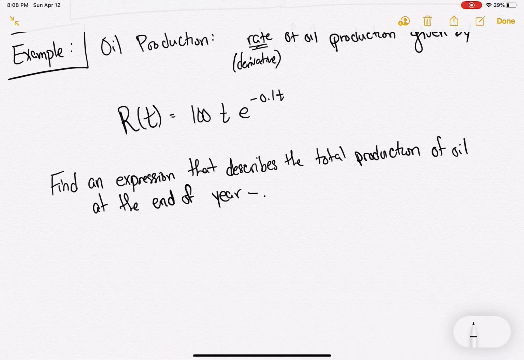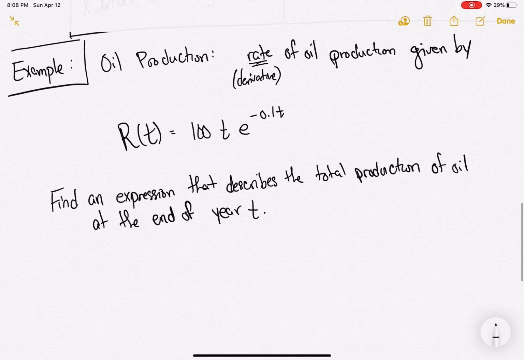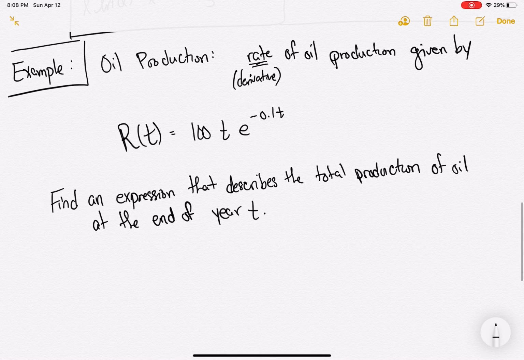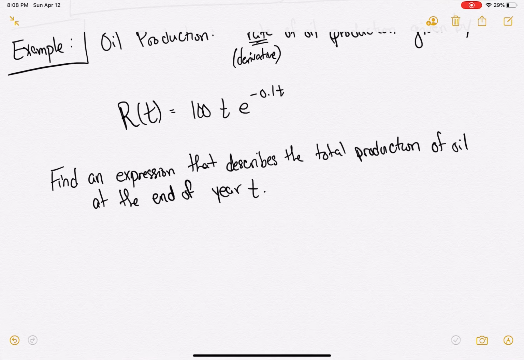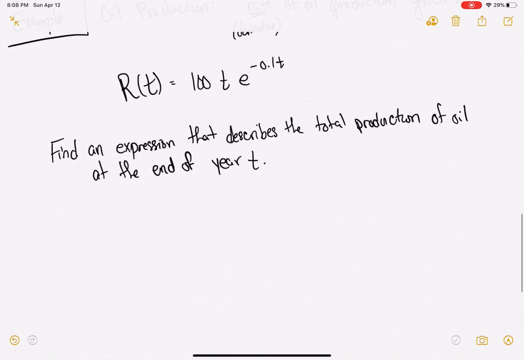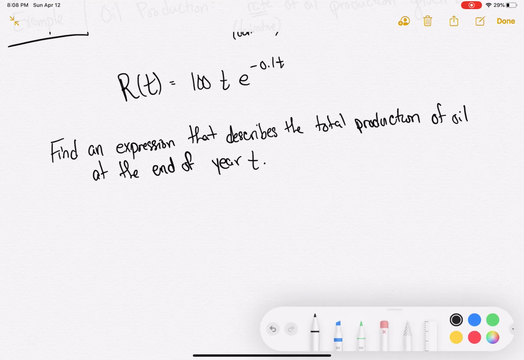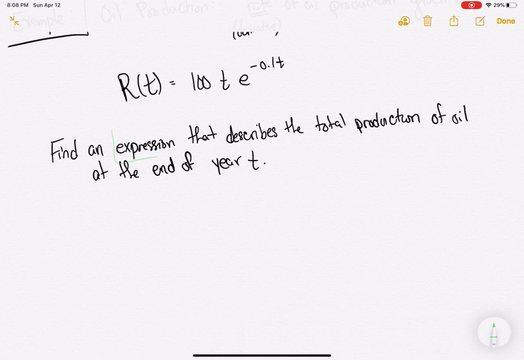So the total production at the end of year T, if R of T is the rate or the derivative, then the expression for the total production is going to be the antiderivative.